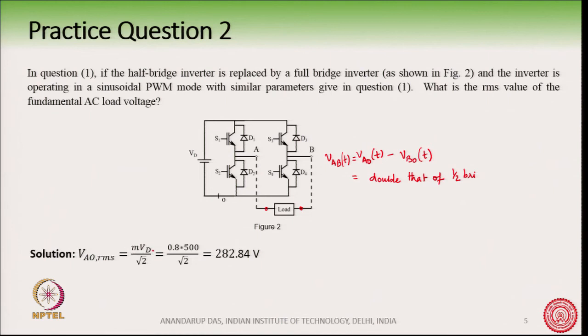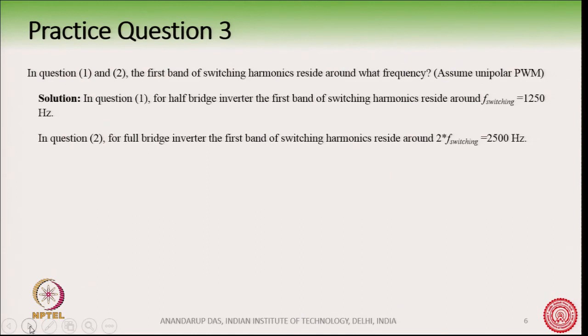We had seen earlier it was mVd by 2 root 2, now we have mVd by root 2. Then you have m equal to 0.8, Vd equal to 500 and root 2 at the bottom. Therefore, we get 282 volt, which is double the previous case. Now, in questions 1 and 2, the first band of switching harmonics resides around what frequency, assuming that it is unipolar PWM?